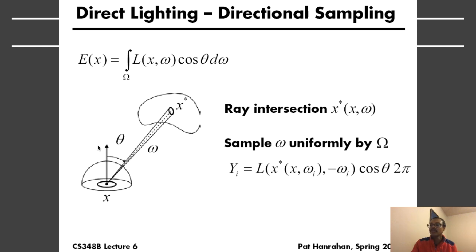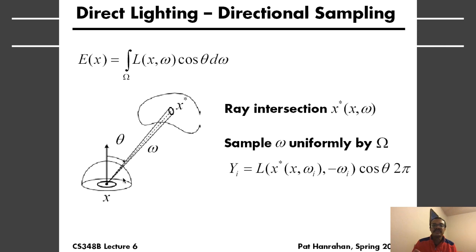What we can do is sample the hemisphere uniformly. The hemisphere has 2 pi steradians associated with it. The entire sphere has 4 pi steradians. Therefore, the probability of actually sampling any particular direction in the hemisphere is 1 over 2 pi.